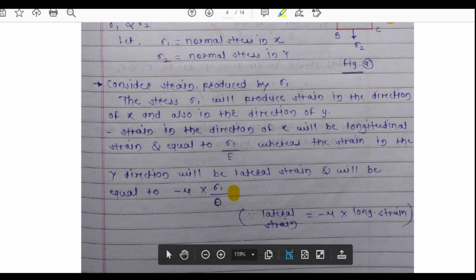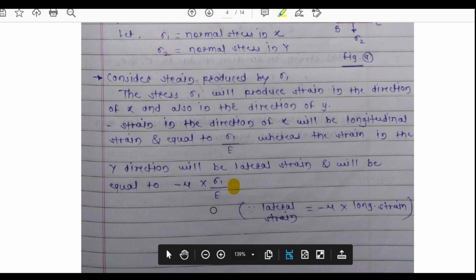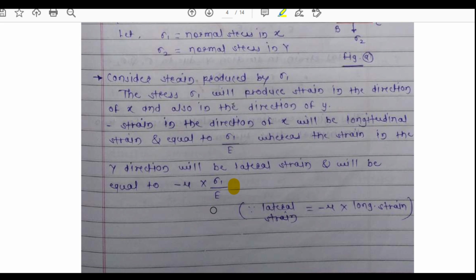Here longitudinal strain I have written as sigma 1 upon E. So lateral strain equals minus mu into longitudinal strain, and longitudinal strain is sigma 1 upon E. Now this is what we have written for sigma 1.